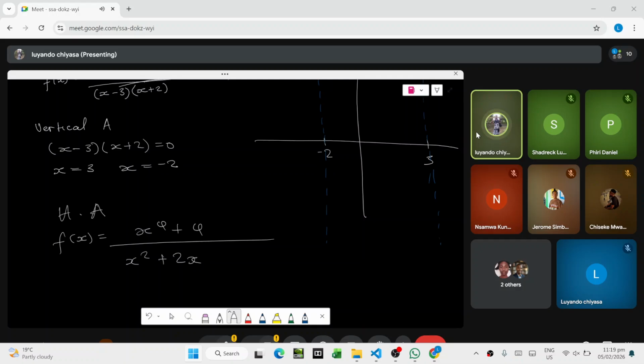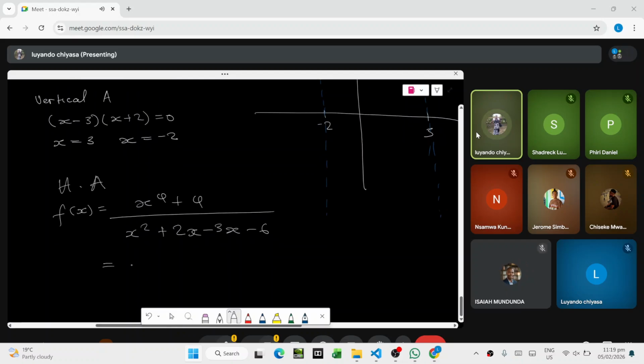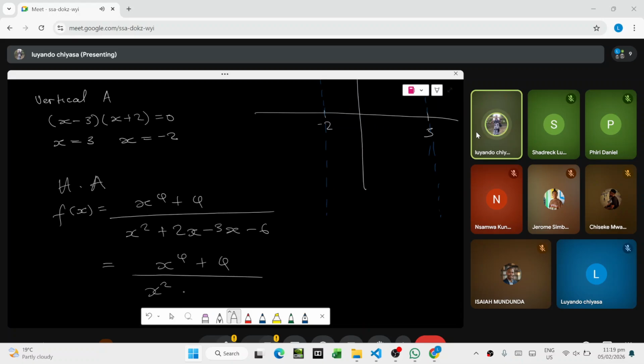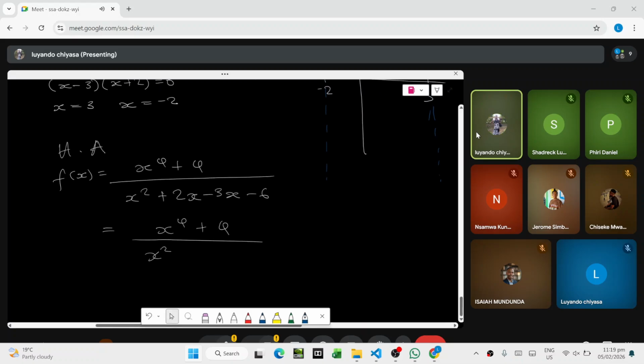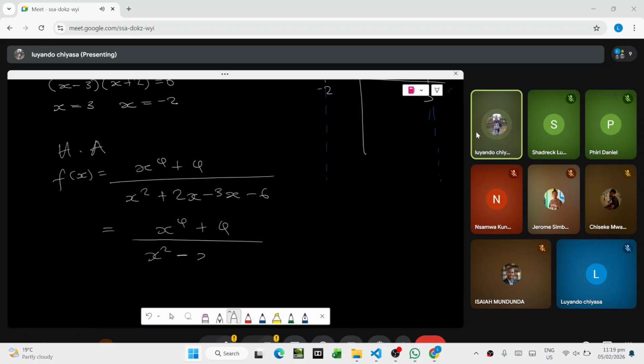I'm just expanding, don't worry. So this is the same as x to the 4 plus 4 over x squared minus x minus 6.